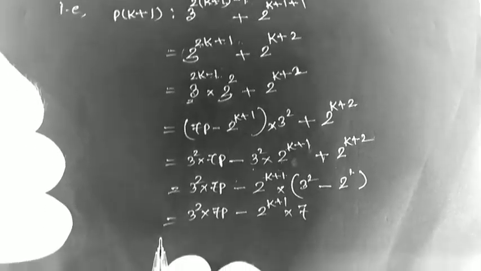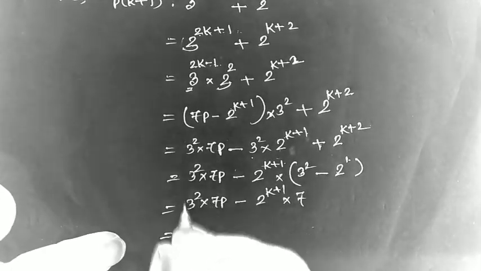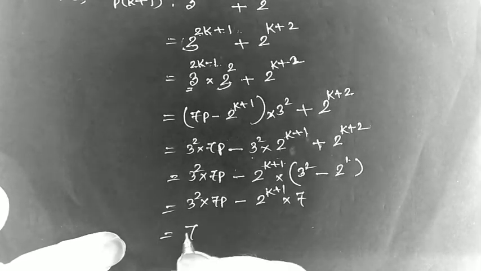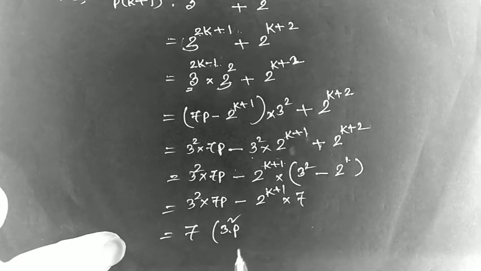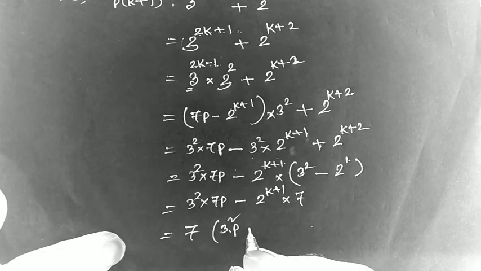Now see 7 we can take common from both the terms, this is one term, this is one term, 7 is common, 3 square remains and p remains, or 9p you can write, no problem.